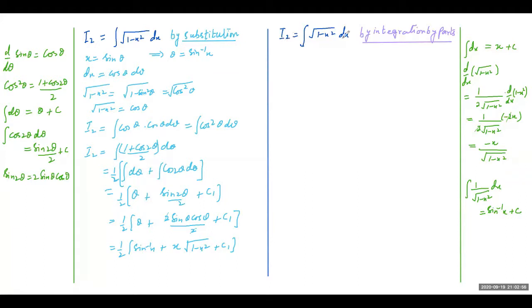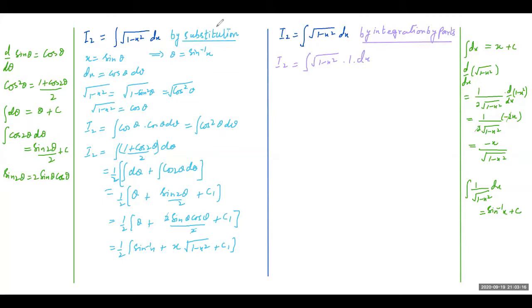Let's evaluate the value of I2 by integration by parts. For that, consider it like this. I'm using a different color for it. Consider integral I2 is equal to integral square root of 1 minus x square into 1 into dx.